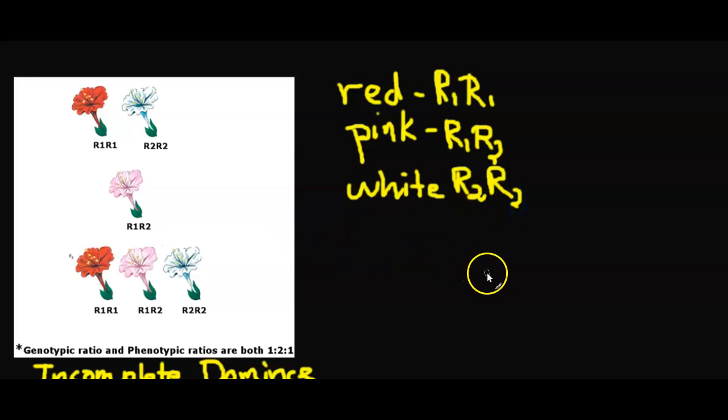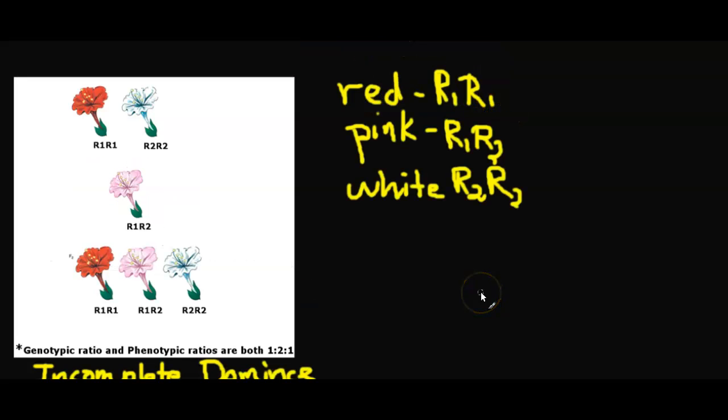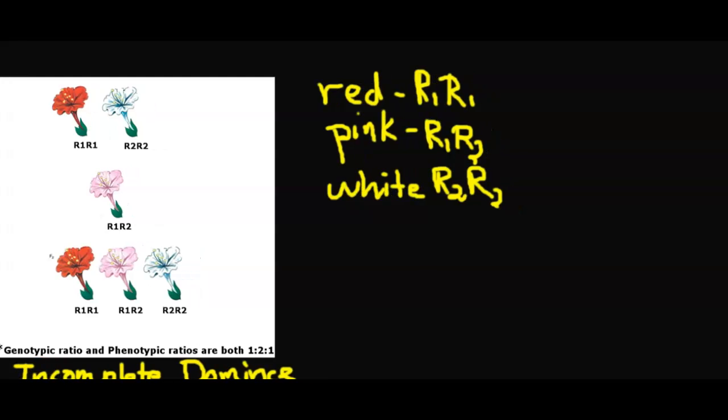So we have red and white, and one is incompletely dominant over the other. Let's say we had red and blue were the two extremes, and then the one in between would be purple. So let's go ahead and do a problem with this one.